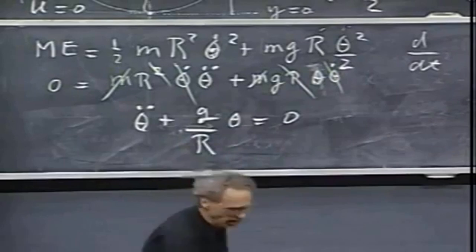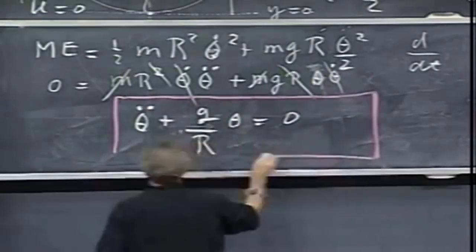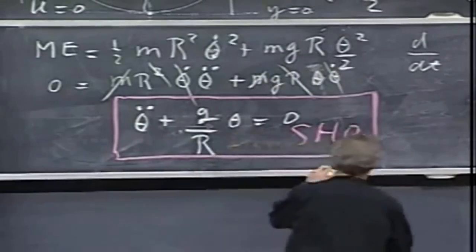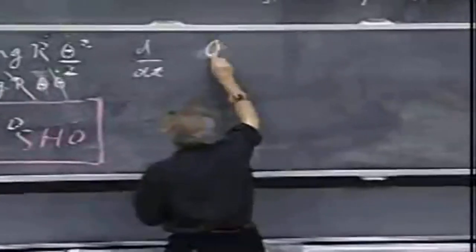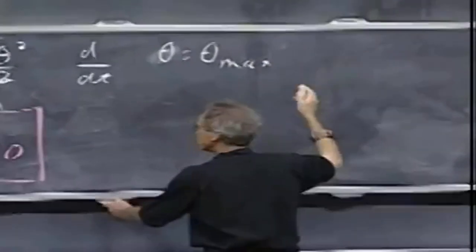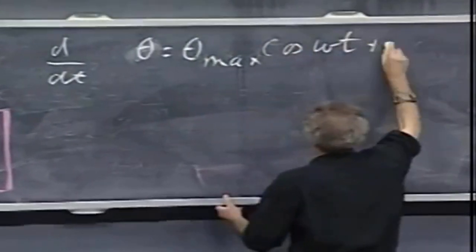And I couldn't be happier, because this tells me that the motion is that of a simple harmonic oscillation. And the solution is theta equals some maximum angle for theta, the amplitude in angle, times the cosine of omega t plus phi.